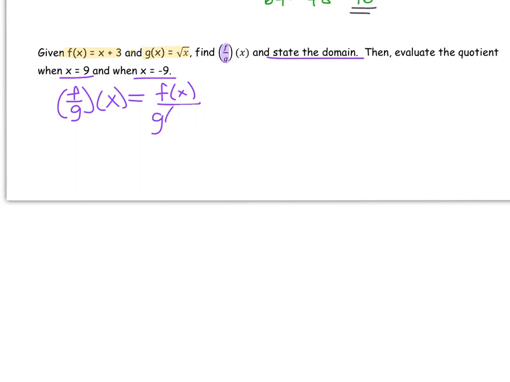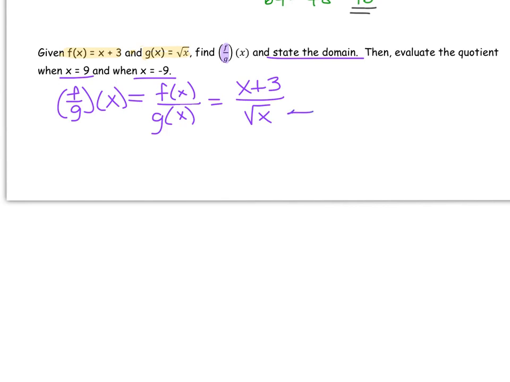All right, g of x. There we go. So we literally just write it as a fraction initially. F of x equals x plus 3, and g of x is equal to the square root of x. Now, as is, that fraction doesn't simplify. The x on the top does not cancel the x on the bottom.